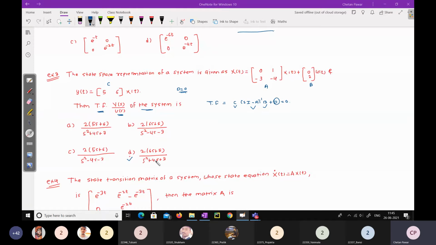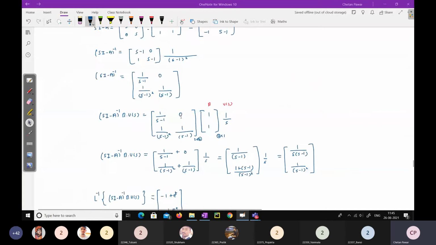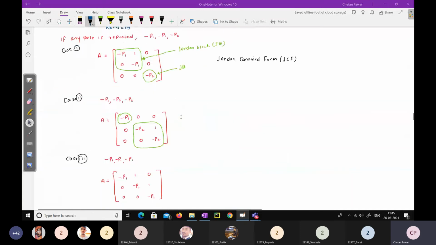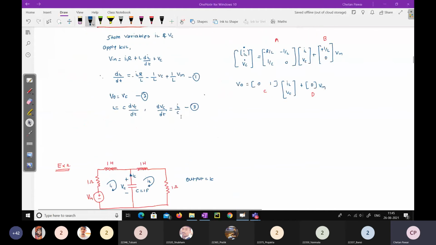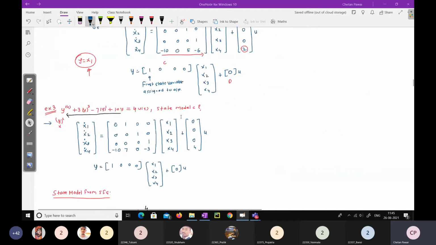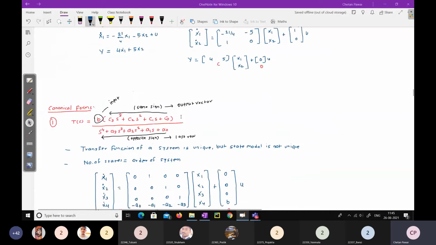Okay. Now let us see how the C matrix is defined. The input matrix is also the same, because here also two terms are there, here also two terms are there. We just saw that controllable canonical form, no? So I am just applying that. In the previous lecture we took that, in this form.